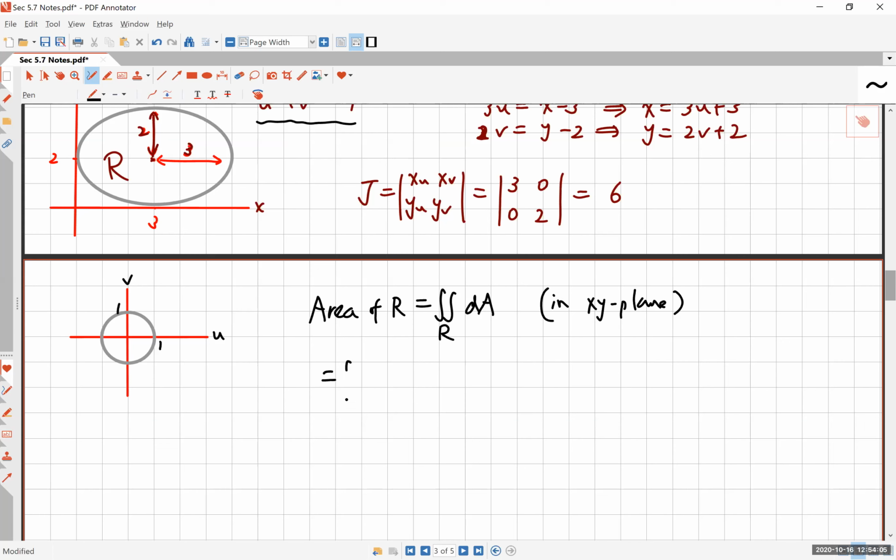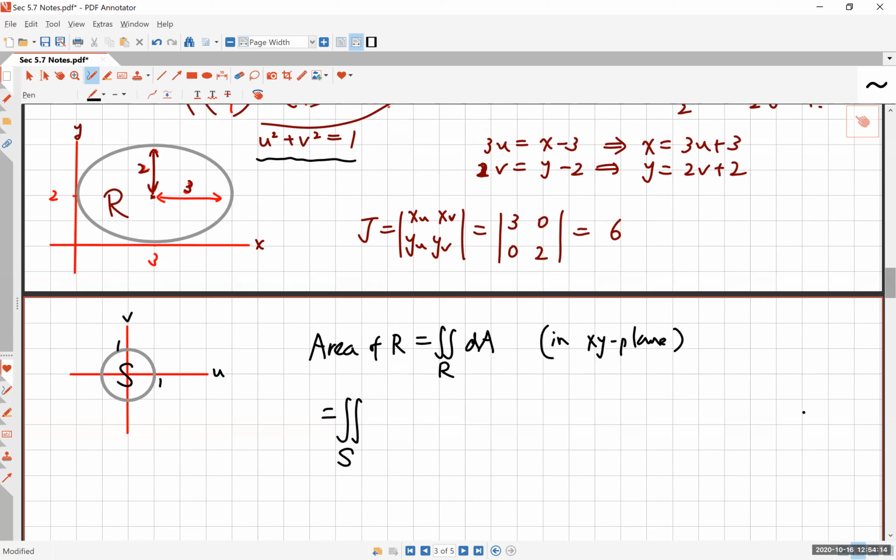Now we have another way of describing this. This is the region S, okay? Because u squared plus v squared is equal to 1. That is the correct region, S. And then there's no function f, right? So, I mean, if you have to have an integrand, it's basically 1. You don't have to have that.